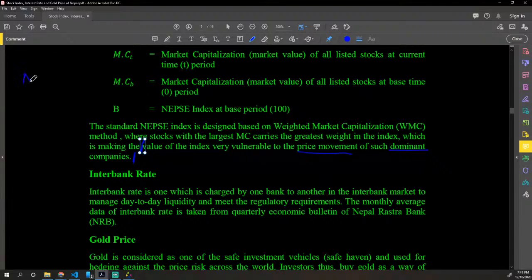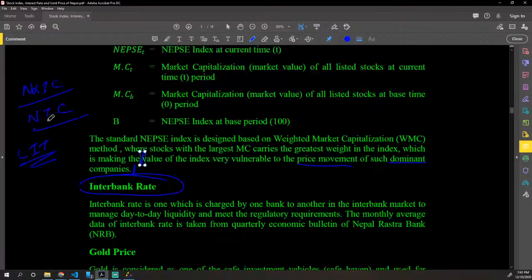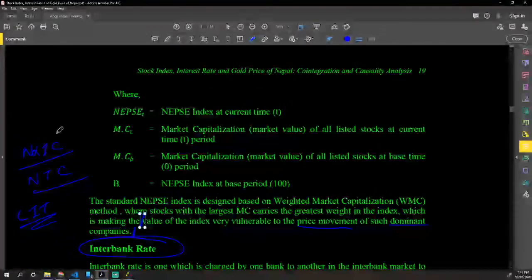Like analyzing NTC, CIT, and the interbank rate. So this is the rate that has been taken, okay, for cost of fund.